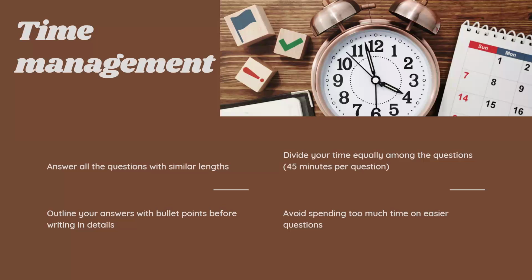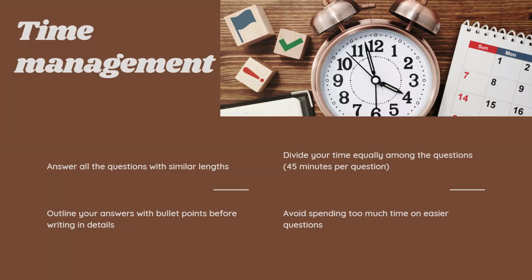So you have 3 hours and 4 questions, so approximately each of them should have 45 minutes. And each question has equal points, like 25 points, so they should be equal in the time that you allocate.